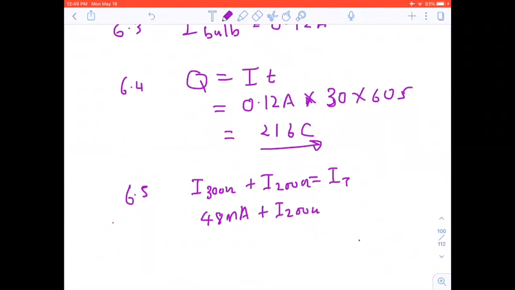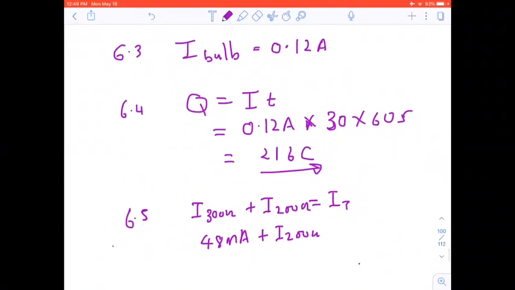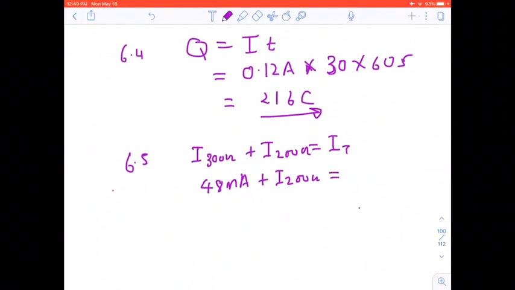We don't know that, but we know that the total current is 0.12 amps. So we could convert that to milliamps and say it's equal to 120 milliamps.